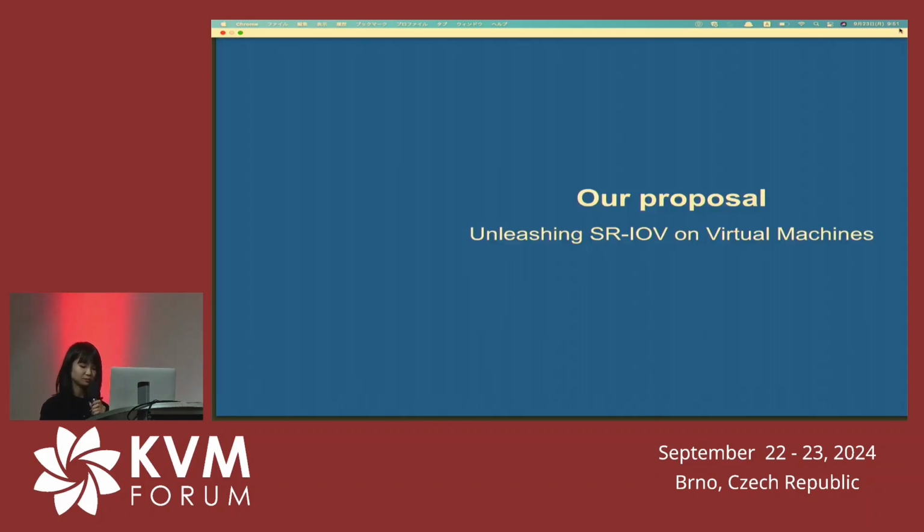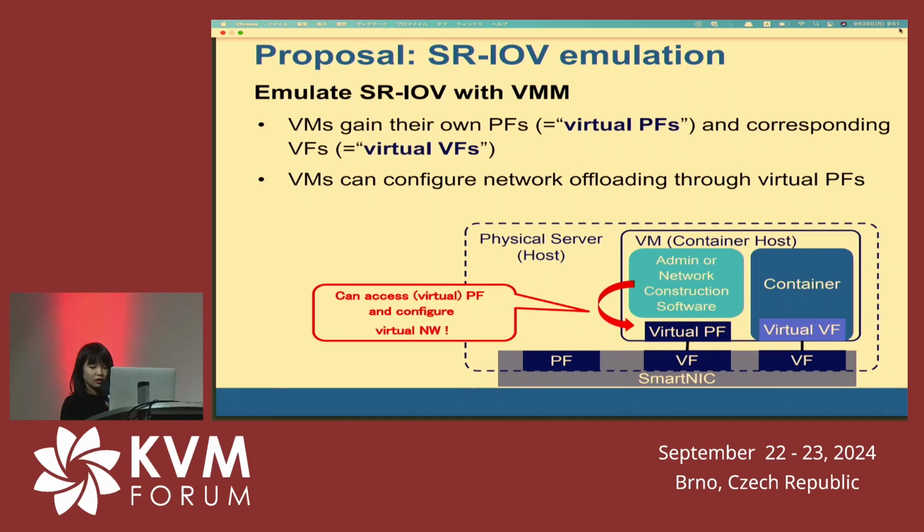And from here, we will present our proposal for this problem. To provide an interface that offloads packet switching within the VM, we propose emulating SR-IOV with the VMM. By emulating SR-IOV, we can provide an SR-IOV interface, allowing SR-IOV to be used within a VM.